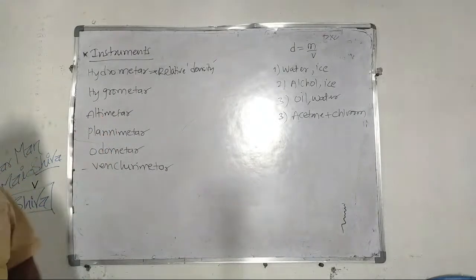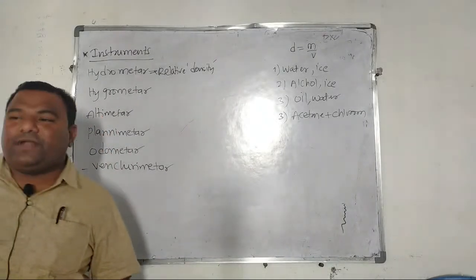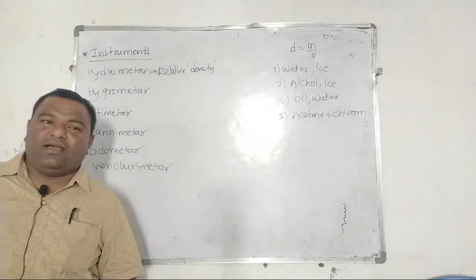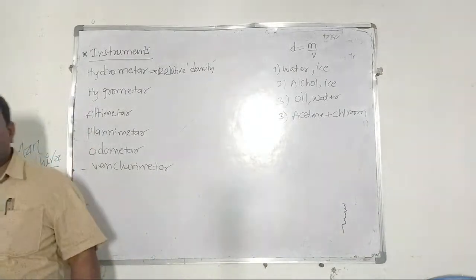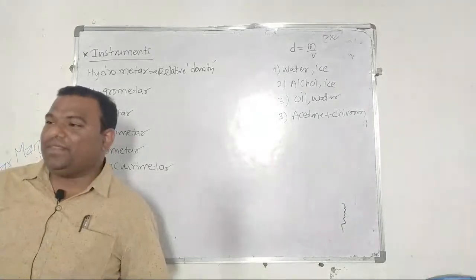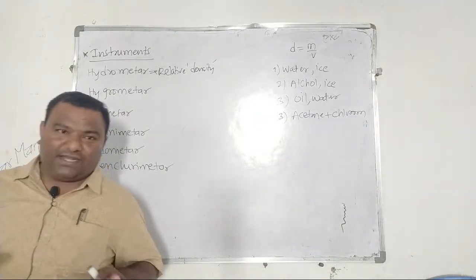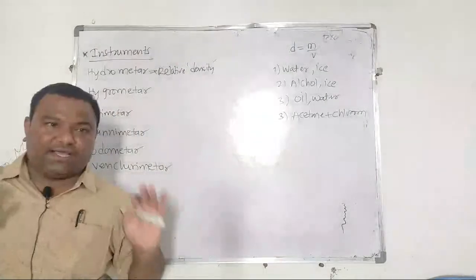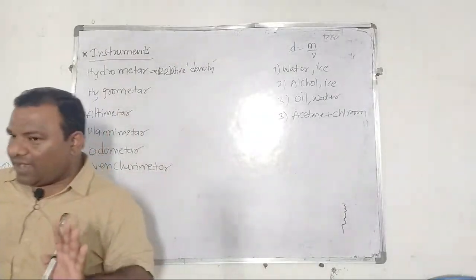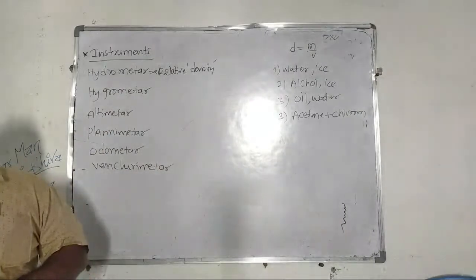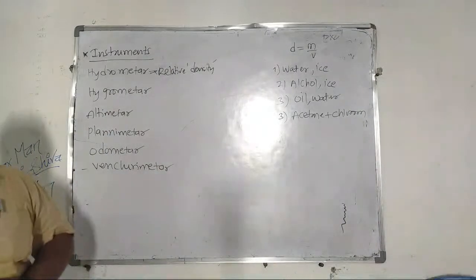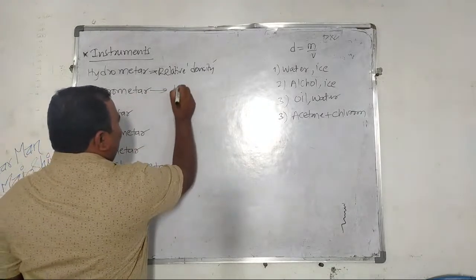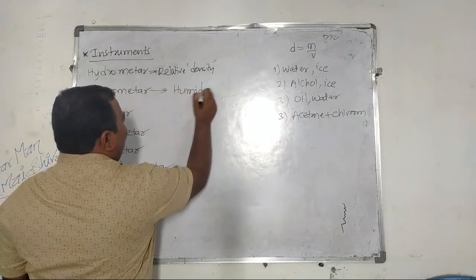And hygro means humidity. You know humidity means the percentage of the water vapor in the atmosphere. How much percentage of the water vapor is present in the atmosphere, that is called humidity, and that is measured by hygrometer.